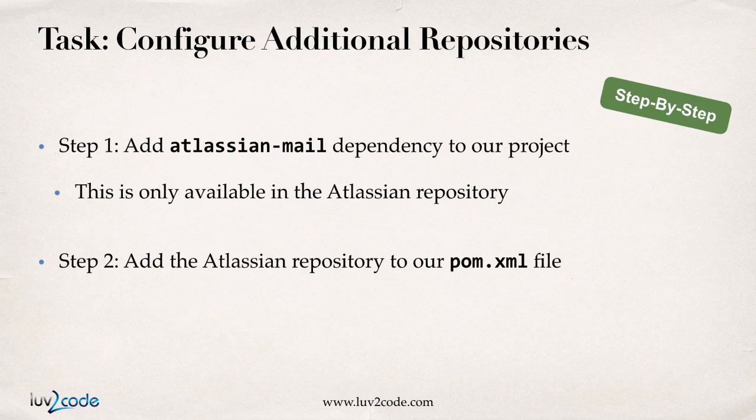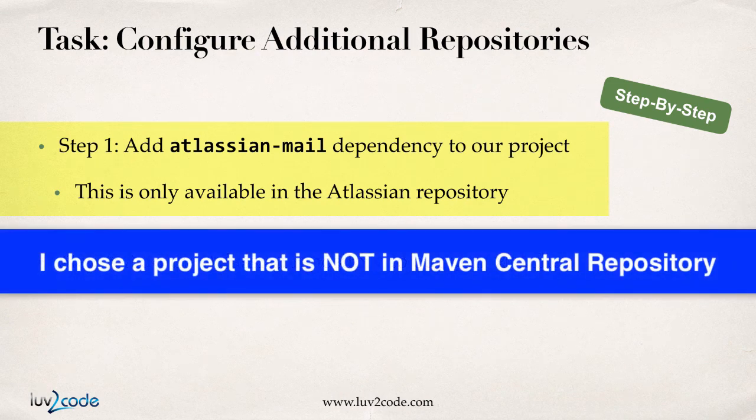So let's walk through this with an example. We're going to configure additional repositories. In the first step, we're going to add the Atlassian mail dependency to our project. Now this is only available in the Atlassian repository. For this dependency that I'm adding, I simply chose one that could fit this given use case. So this is not the happy path, right? The happy path is everything being in the Maven central repository. But instead, I found a dependency or a project that's only available in a specific repository.